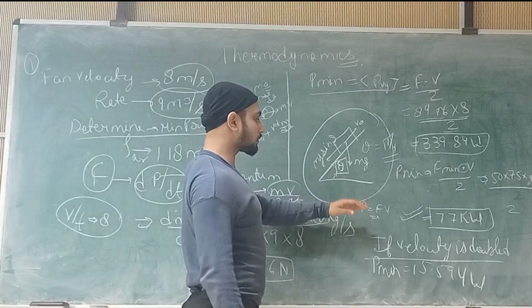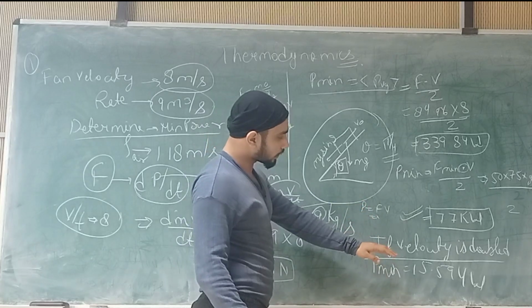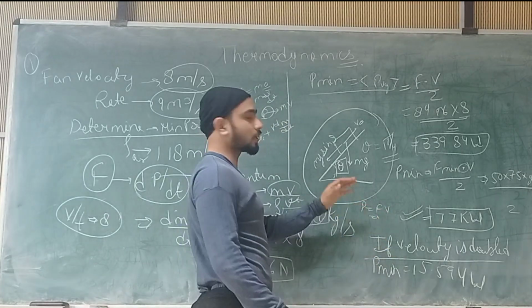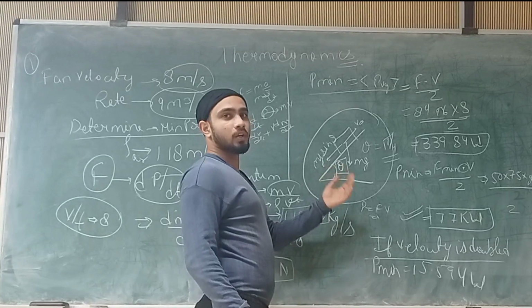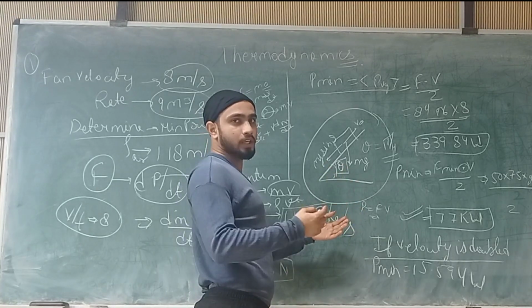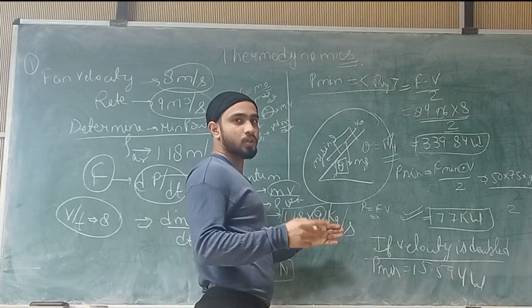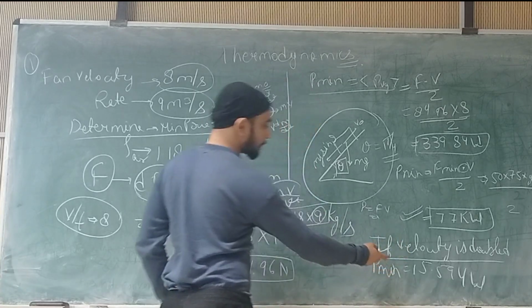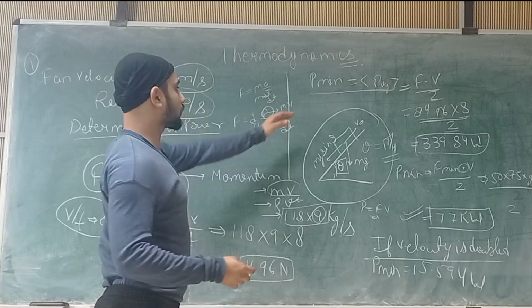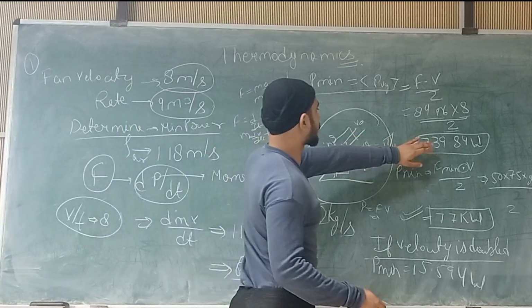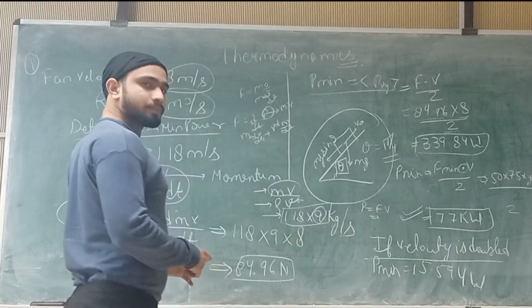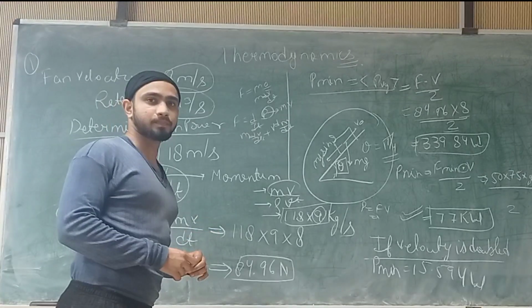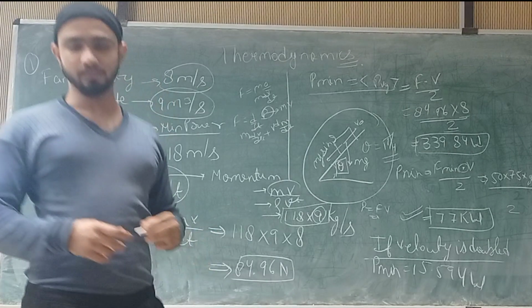Then if the velocity is doubled, the minimum power will also be doubled, because power is directly proportional to velocity. So the minimum power will be 15 point this, which was asked, 39.84. So this was for the first question.